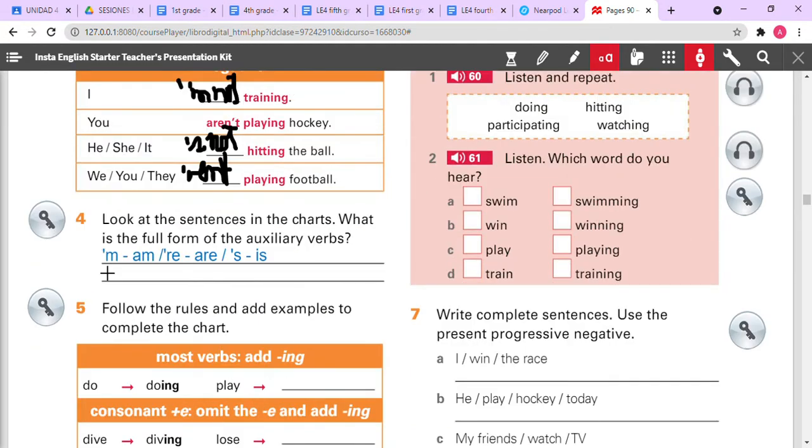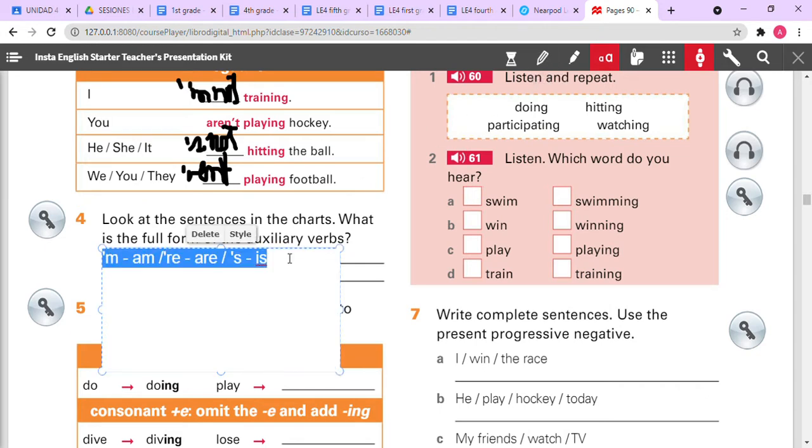Okay, and in the negative form, let me see, I'm going to continue. In the negative form it says like this, no? Not, and it is equal to not. In the second one it says it's like this, no?